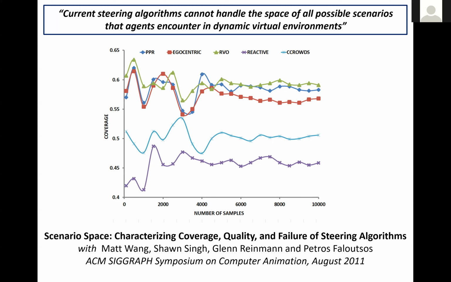Coverage measures the ratio of the number of situations that each of these policies was able to successfully handle. I won't go into too many details, but at a high level, each of these policies is able to solve, at a maximum, roughly 60% of the scenarios that agents typically encounter. So this coverage is pretty low. We need to be able to do better than this.